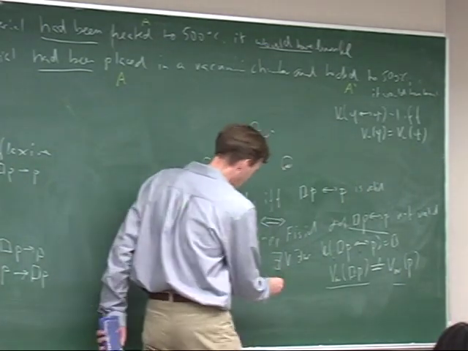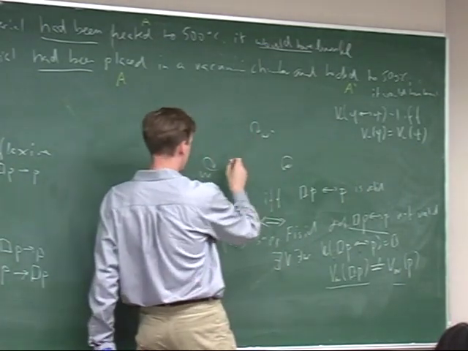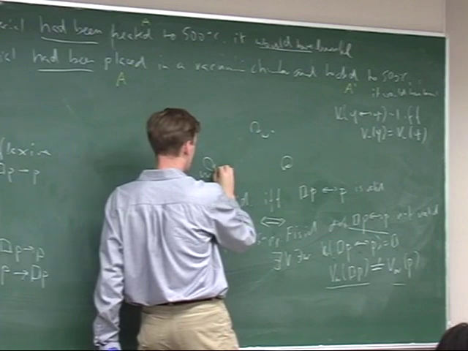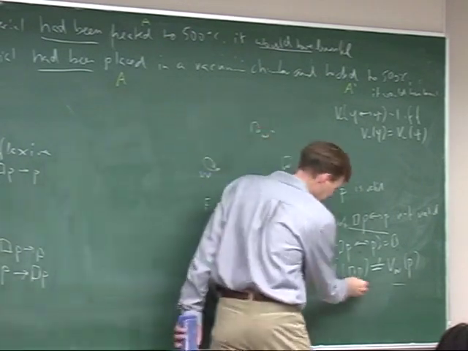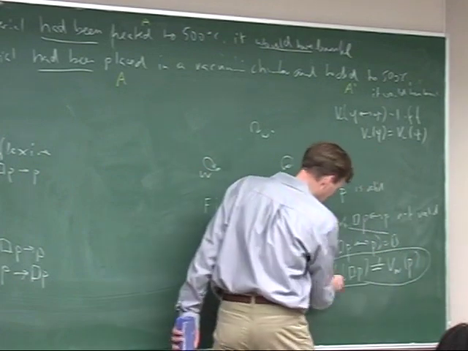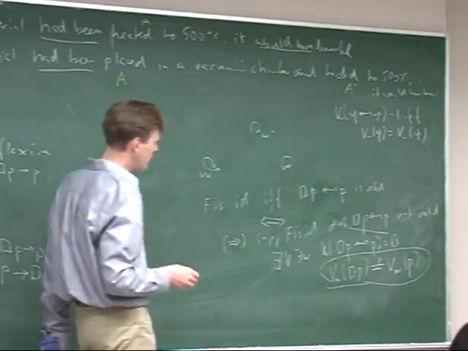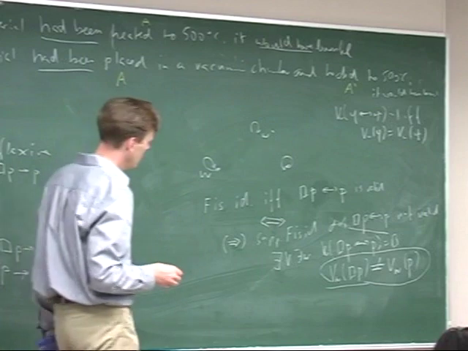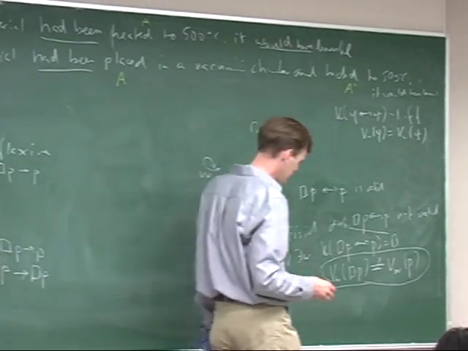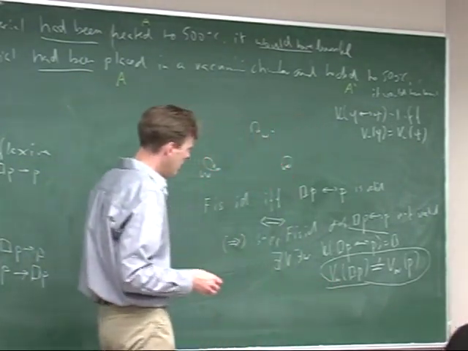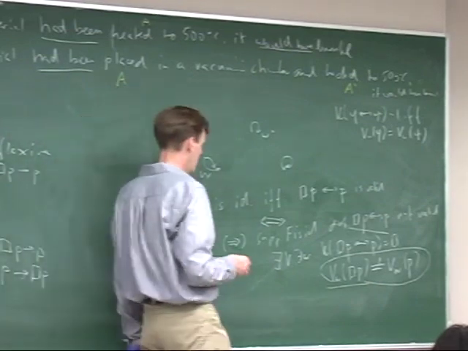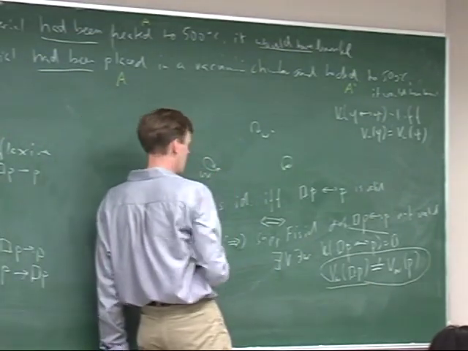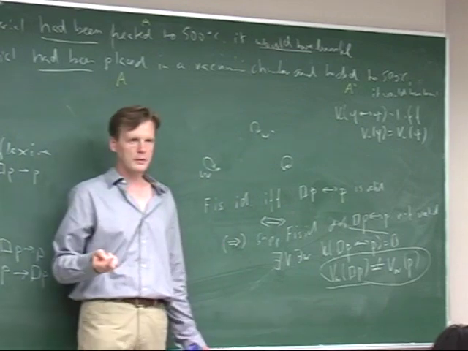So suppose we have this world, say one of them here, W. Suppose this actually has this property. What must V be like in order for it to have this property? Well, suppose necessarily P is true. Well, then V of P is true, right?